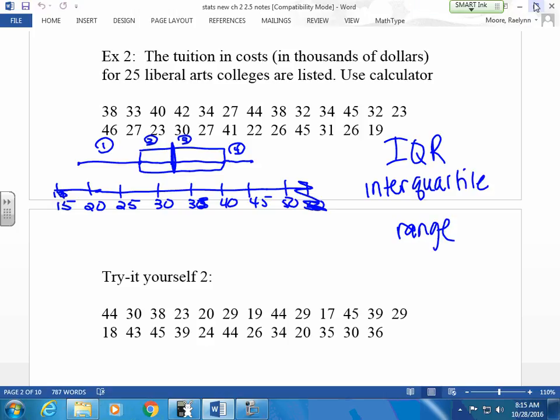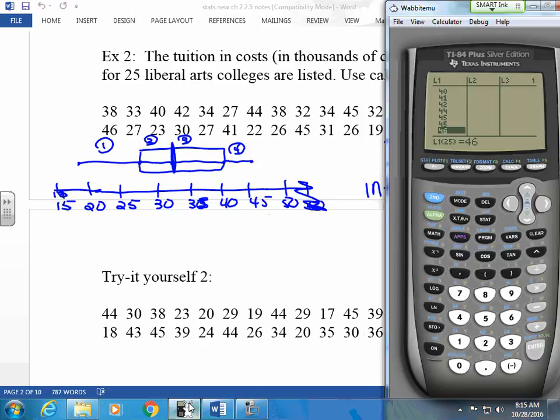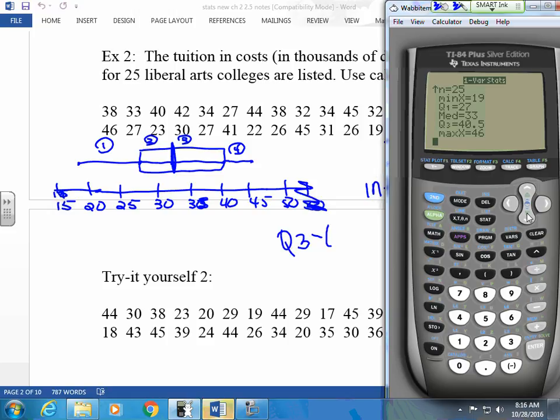The easiest way to find this is when you're in your calculator and you did your one-var stat, and you go down to your 5 summary numbers. Which ones had the Q's? Q1, Q3, right? Those are the only ones with the Q's. So interquartile range says Q3 minus Q1.